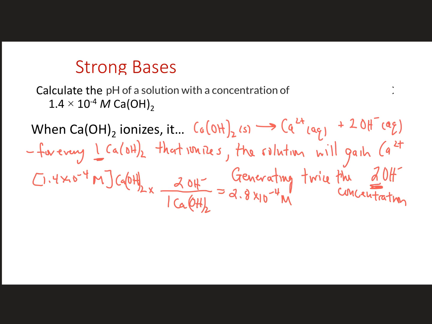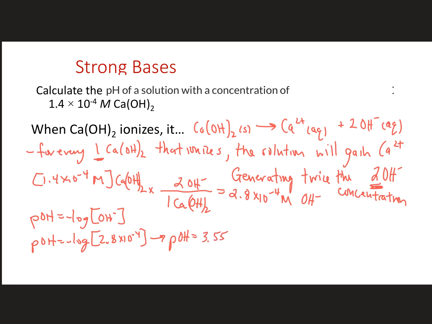So I'm going to start with pOH because pOH equals the negative log of OH, and that's what I have. I have the OH concentration right here. So pOH equals the negative log of 2.8 times 10 to the minus 4. Take the negative log of that. The pOH of this solution equals 3.55.